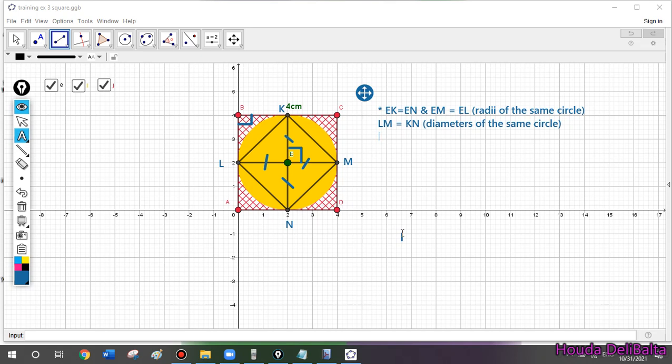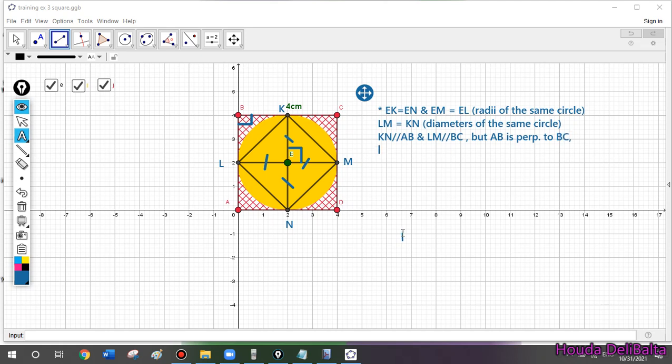As I told you, we say that KN is parallel to AB and LM is parallel to BC, but AB is perpendicular to BC.